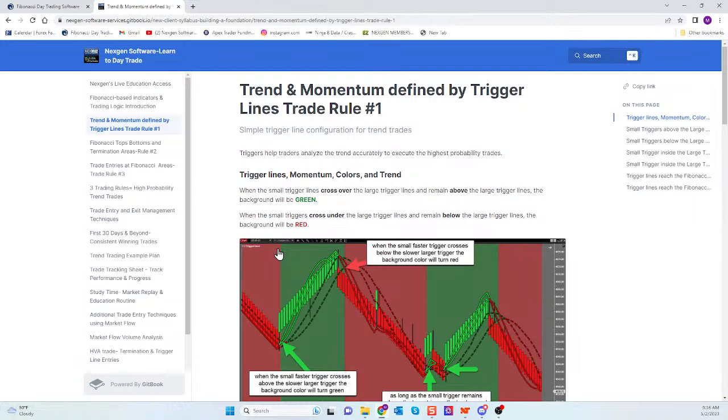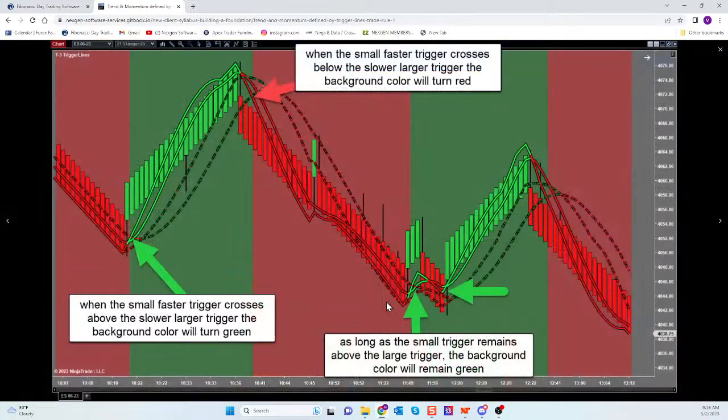Rule number 1 is a product of your trigger lines, guys. And your trigger lines are going to do a couple things. The first thing they're going to do is tell you which direction the market is trending. When your small trigger lines, these faster, solid lines, break above the large trigger lines, the slower moving averages, those dashed lines, when those small triggers go from below to above, they cross over, it's going to paint your background green.